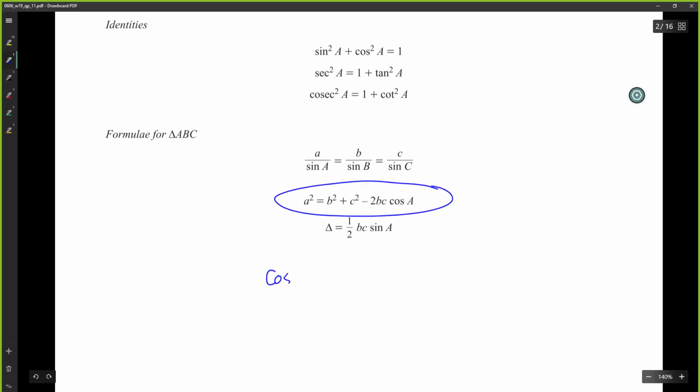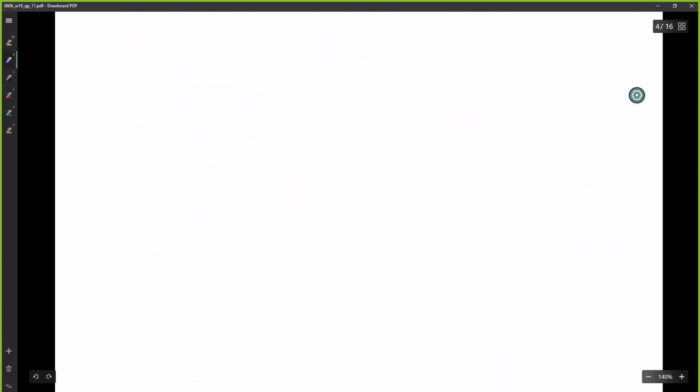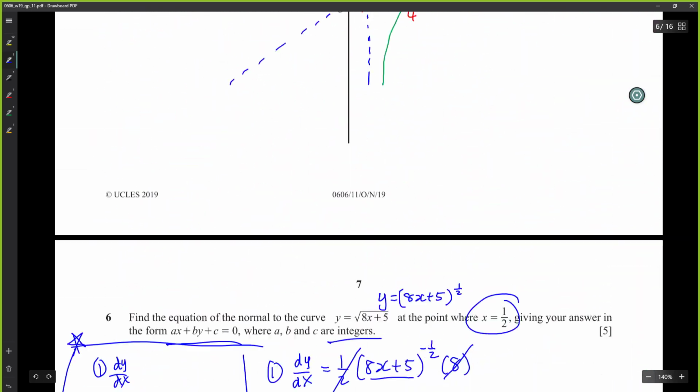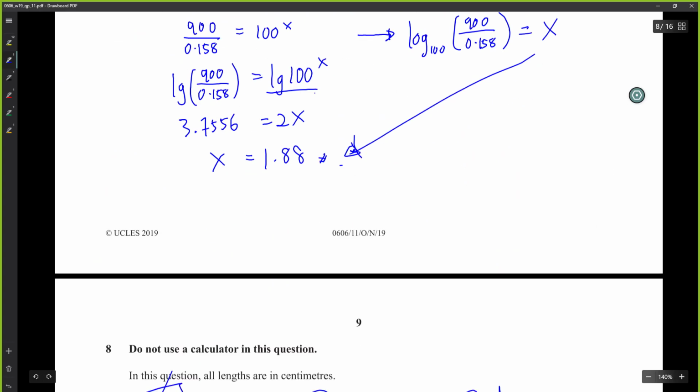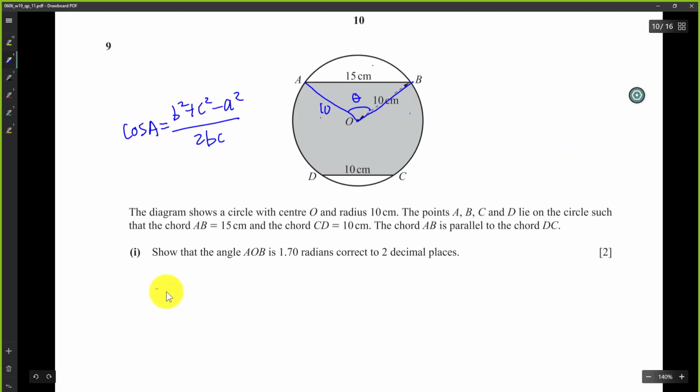Basically, I just make cos A the subject by moving the whole thing to the other side. I get b squared plus c squared minus a squared over 2bc, so that I can straight away get my cos A. If you're not familiar with doing this, you can still use the original formula, but because I'm used to it already, I think this one is faster.